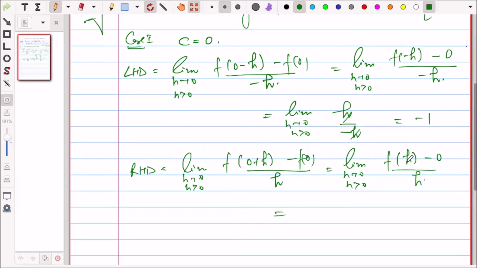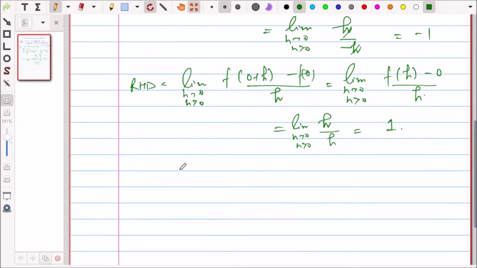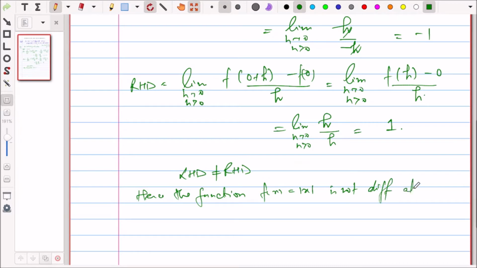Now h is positive, so it remains h, and the limit comes out to be equal to 1. So LHL is not equal to RHL, hence the function f(x) equal to mod x is not differentiable at x equal to 0, right?